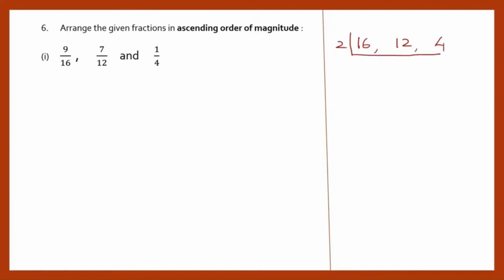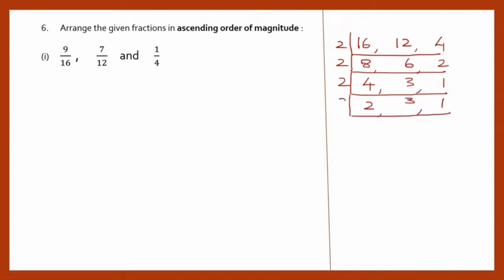Let's start with 2. 2 8s are 16, 2 6s are 12, 2 2s are 4. 2 4s are 8, 2 3s are 6, 2 1s are 2. 2 2s are 4, I bring down 3 and I bring down 1. 2 1s are 2 and I bring down 3 and I bring down 1.